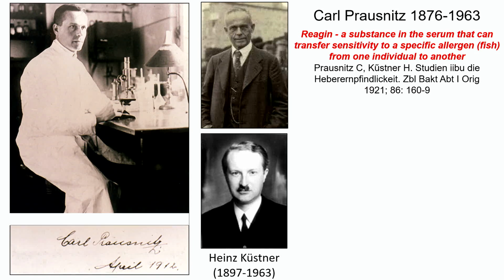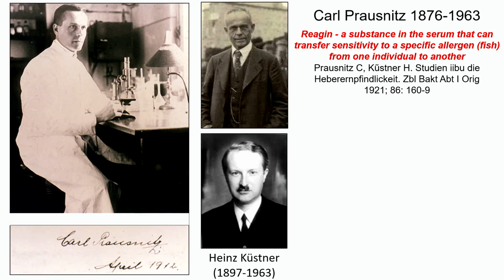So he injected the serum, and in this case to cod allergen that Küstner was allergic to, into Prausnitz's skin, and then challenged the area of skin with cod. He got this wheal and flare reaction, this characteristic allergic response. And so this was the so-called reagin that he talked about at the time.